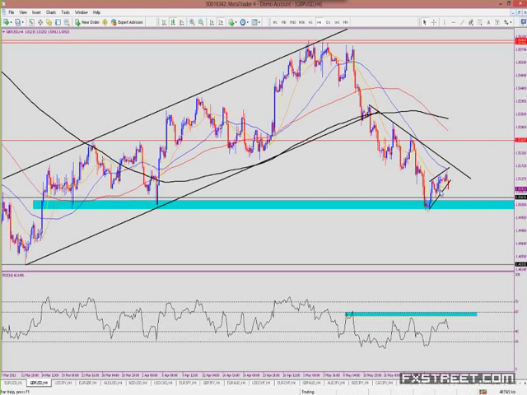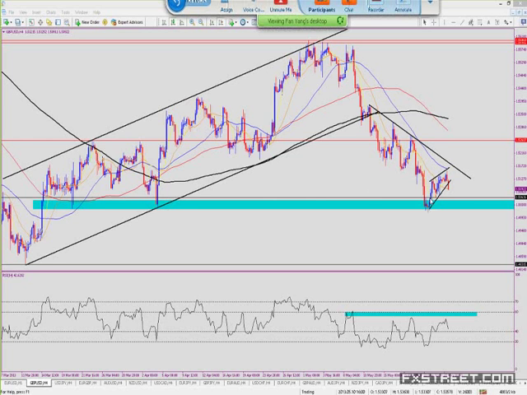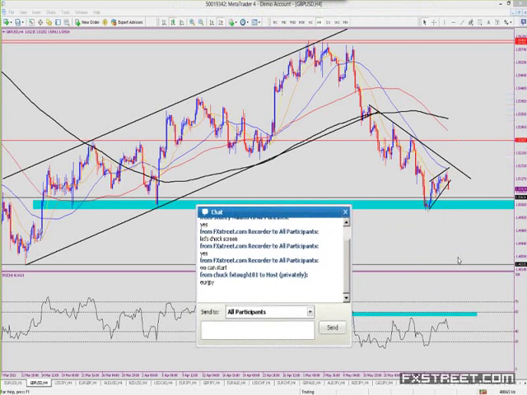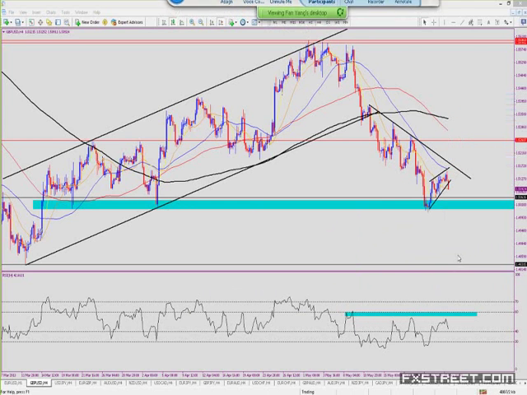But for now, for this week, we do have the GDP report, and I think we also have the Bank of England meeting next week. So next week for pound dollar you have the non-farm payroll on Friday.